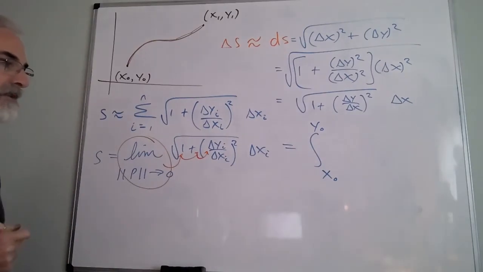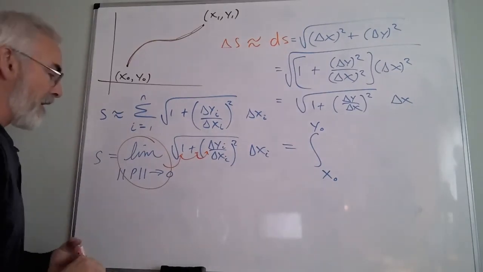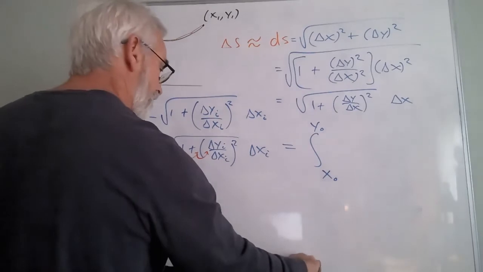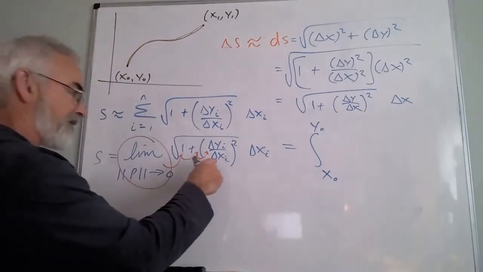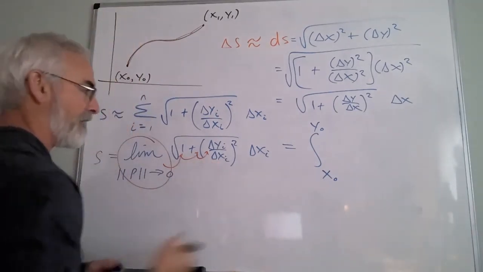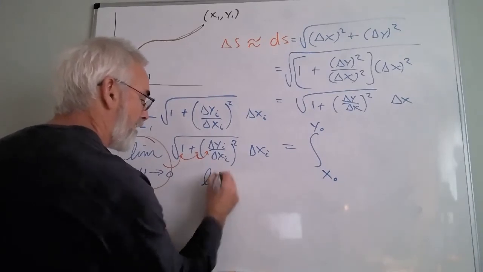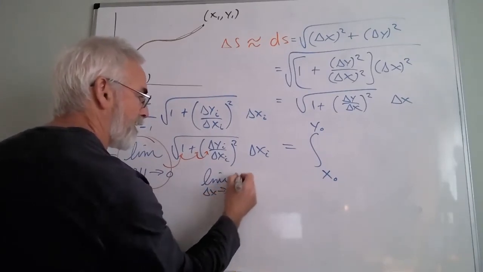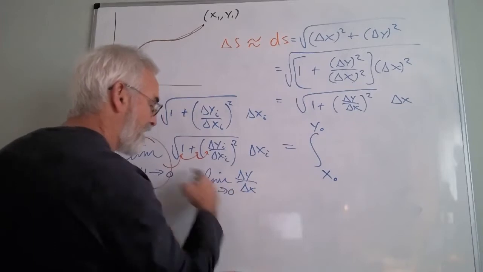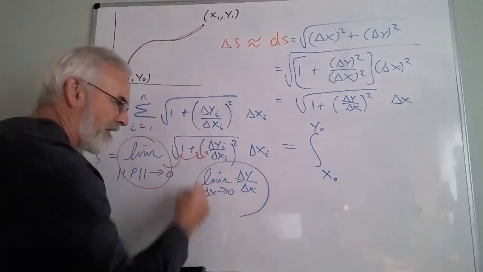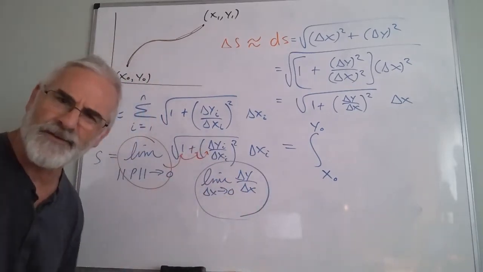The limit moves all the way to the inside, which means, remember, the norm of the partition means the largest such delta x. Well, when I move it inside, I'm only looking at that delta x. So this statement would become the limit as delta x goes to 0 of delta y over delta x. Isn't that the definition of the derivative?